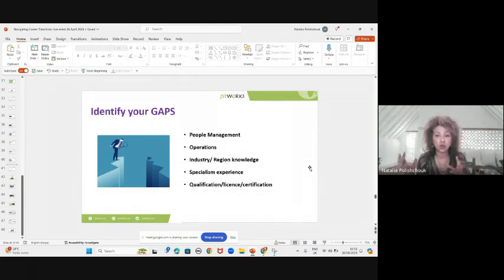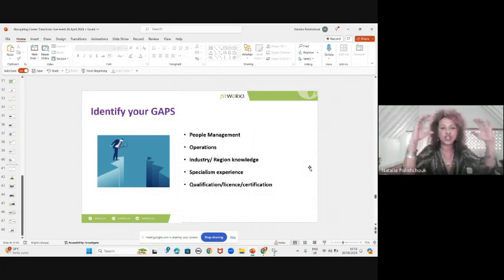Some of this may be your gaps. Maybe you haven't managed enough people. Then you are looking to go more into a leadership role. That's for next month. Maybe you haven't done more of the operational side and you've been very specific. Maybe you've got such industry specialism and not enough people management. It's about identifying, where are my gaps?